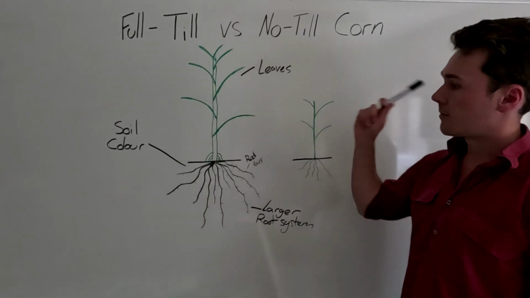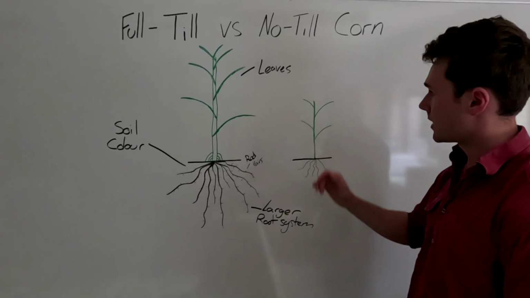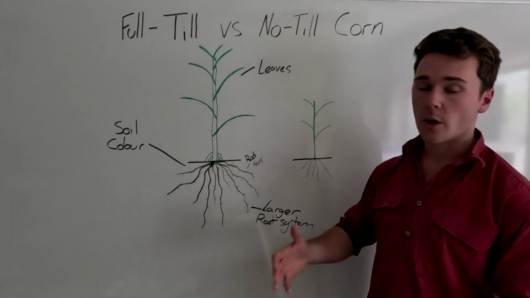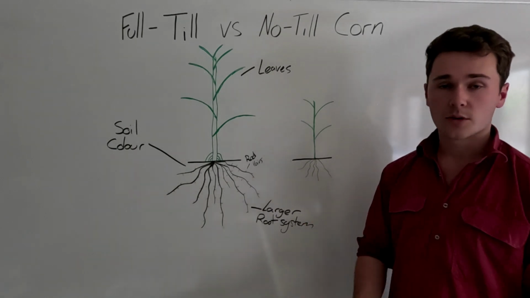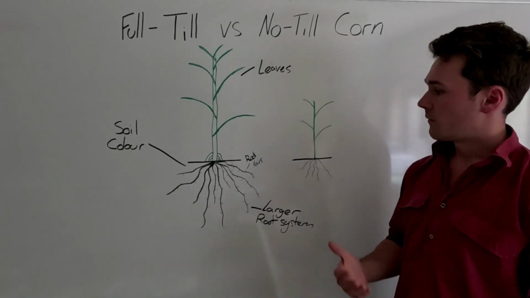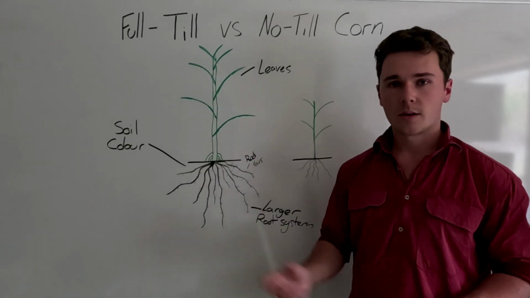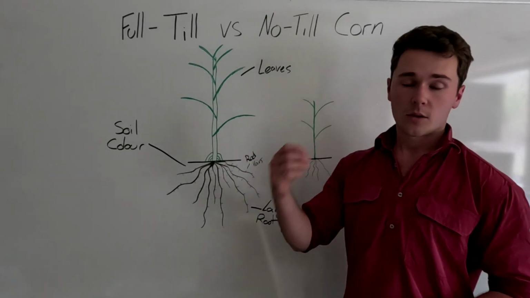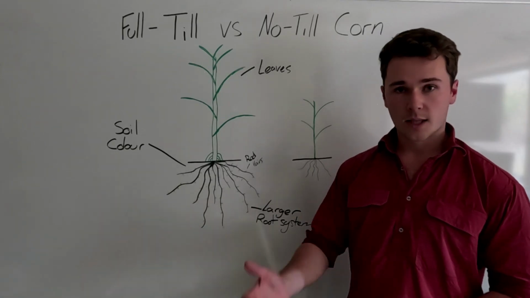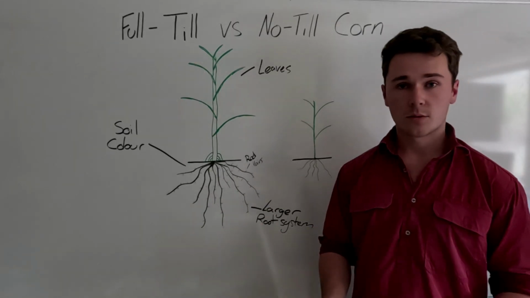And so effectively the no-till corn had a much thicker diameter than the full-till corn, further showing that the no-till corn was just a much healthier and more vigorous corn plant. The other thing that's important with this is that the larger stem diameter is going to allow the corn plant to hold onto a larger crop or larger grain, which is really what you want. The bigger the yield, the better.